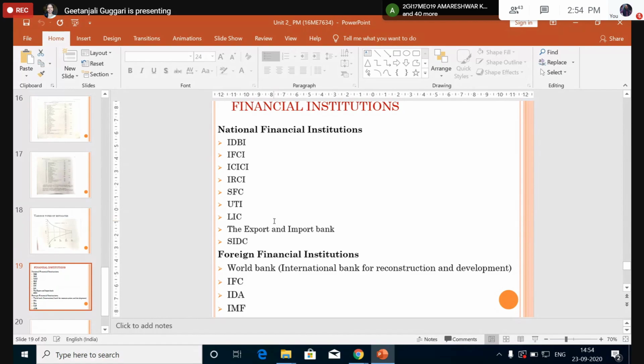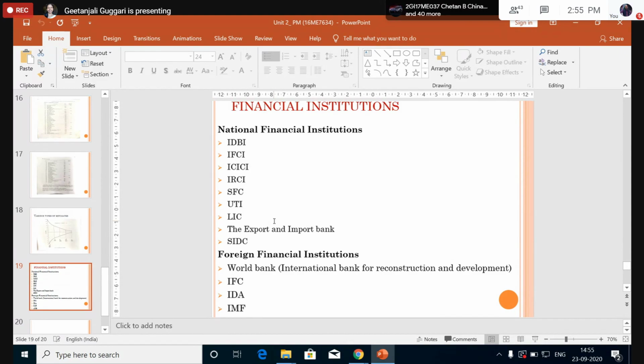The Industrial Reconstruction Corporation of India, that is IRCI. Then the State Financial Corporation, SFC. There also you are going to get long-term loans for industries, for the medium industrial units and all. Unit Trust of India, also you will be getting the loans.